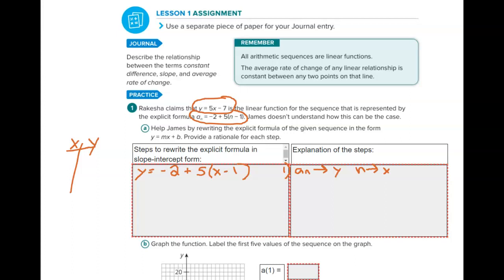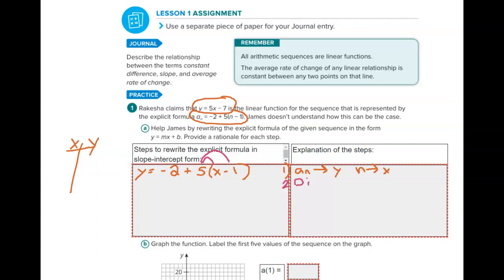Okay? Now the next step is we're just going to use algebra. From here on out, it's just algebra. So let's do this first. I see there's this 5 outside parentheses. So what I'm going to do is I'm going to distribute 5 times x and then 5 times -1. So for my second step, I'm going to distribute.